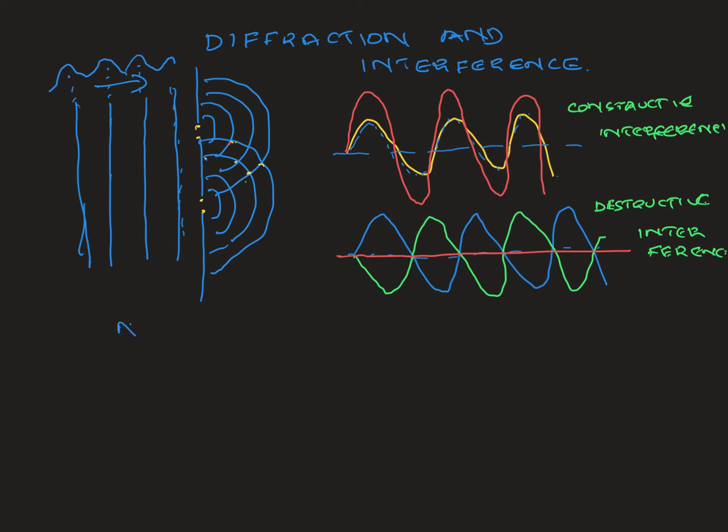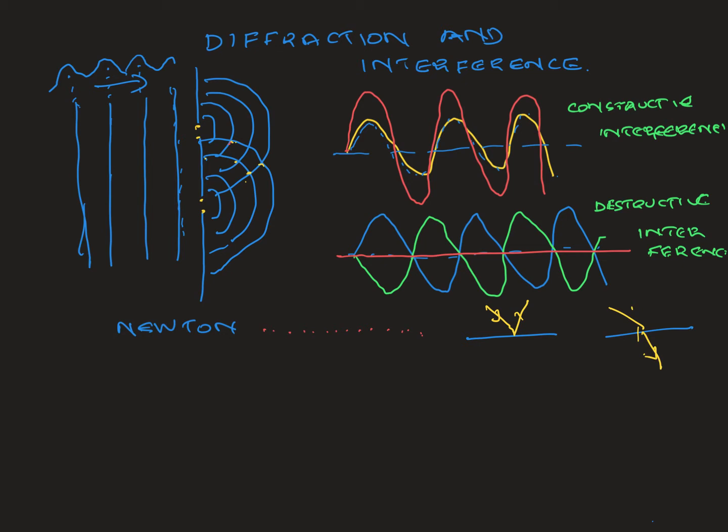Newton, one of the greatest scientists, said that light consists of particles. He said that when light is traveling, it travels in a straight line, and they are particles. He explained reflection of light and refraction of light using his particle theory.